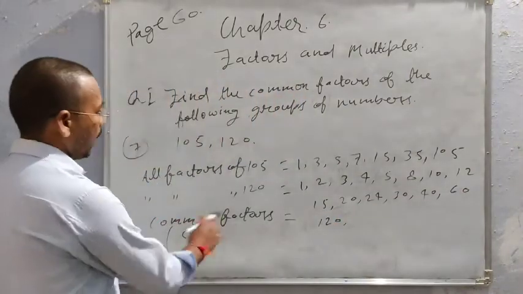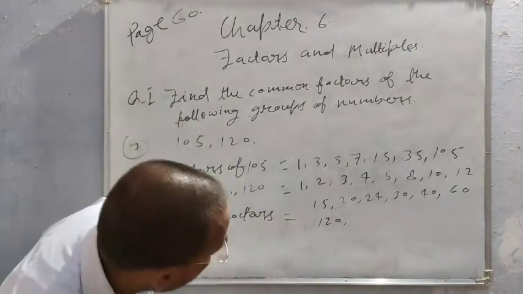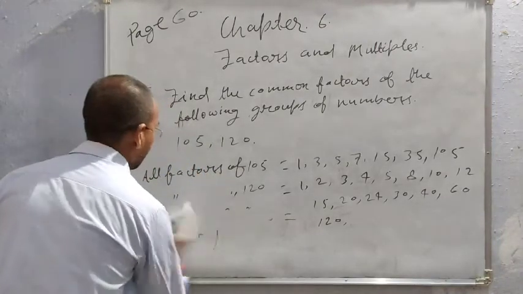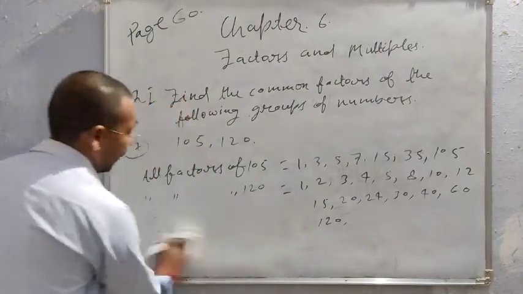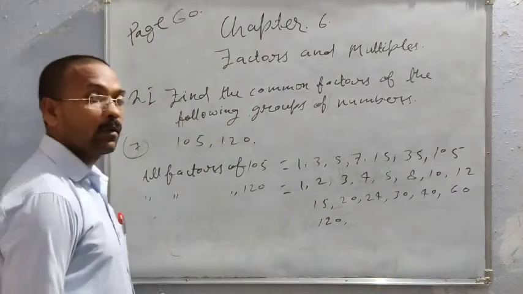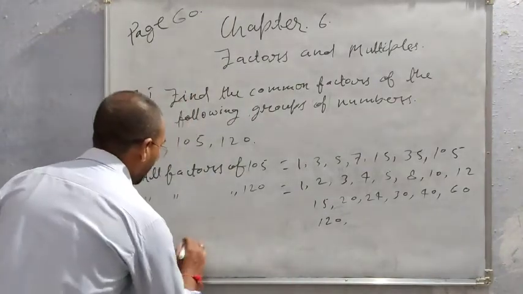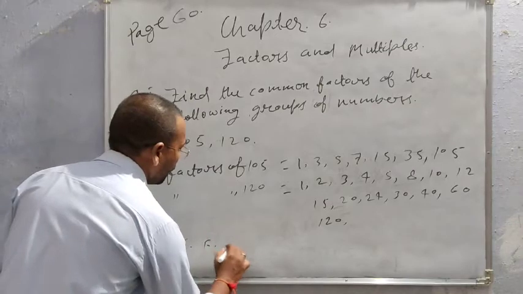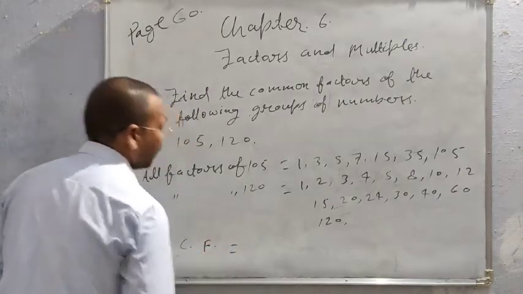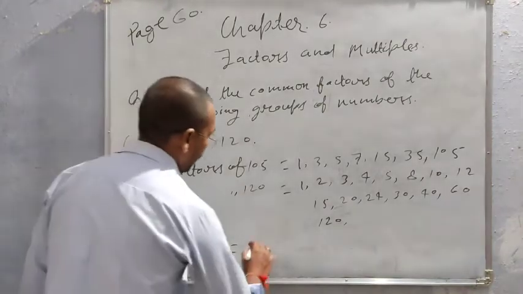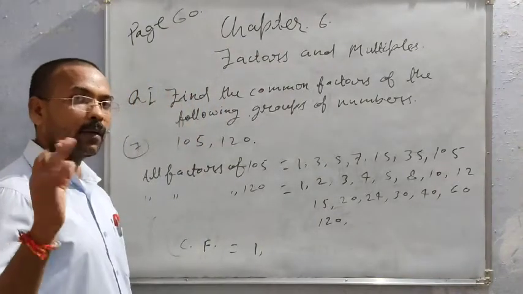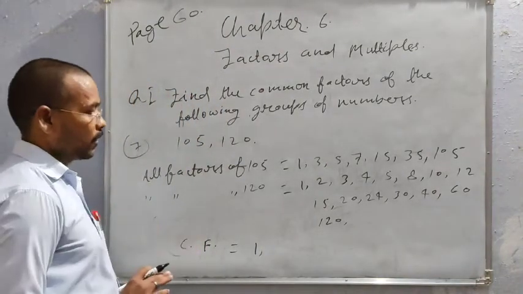Now here it is asking for common factors. You have to write this line below. I am using a short form to write common factors, so you can write CF. Common factors: first write 1. 1 is always a common factor of all numbers, so first write at least 1.